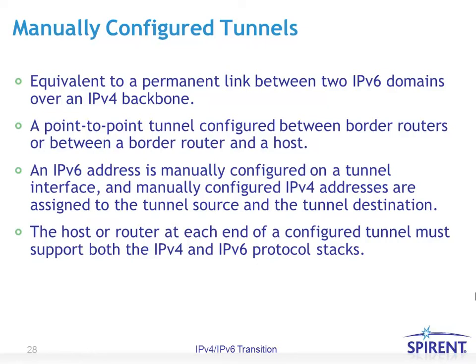So therefore, an IPv6 address is manually configured on a tunnel interface and in the routing tables, and manually configured IPv4 addresses are assigned to the tunnel source and destination, but manually. In other words, not extracted from the accompanying IPv6 packet's addresses. Just like any tunneling technique, the host or router at each end must be dual stack.